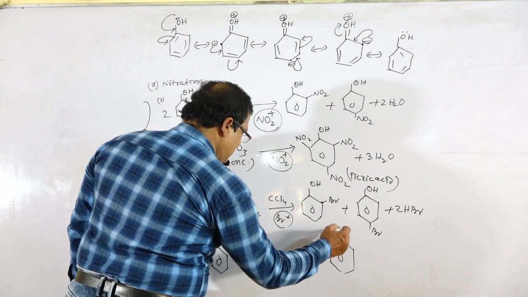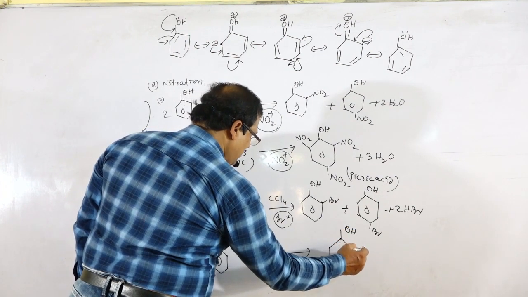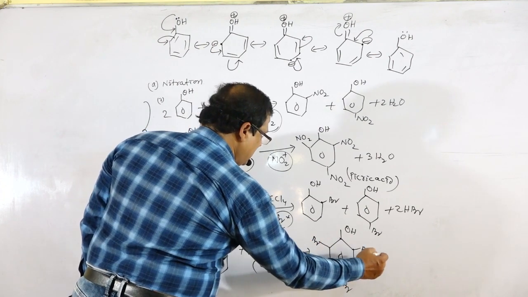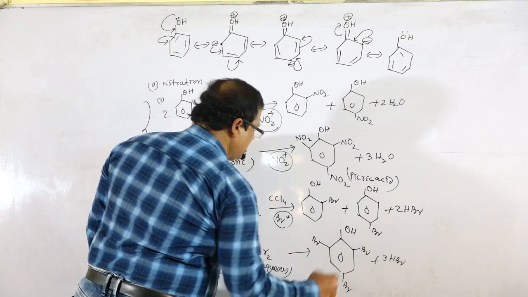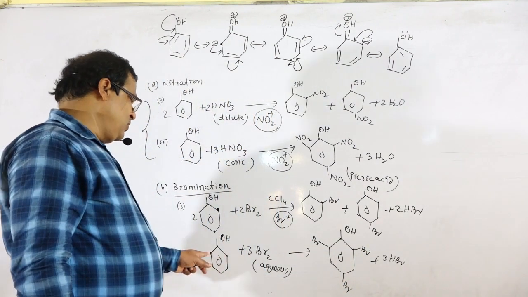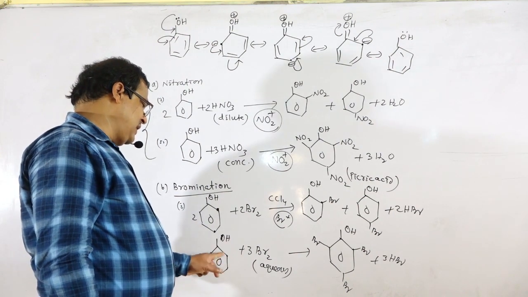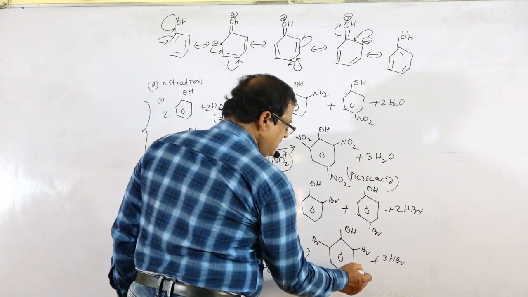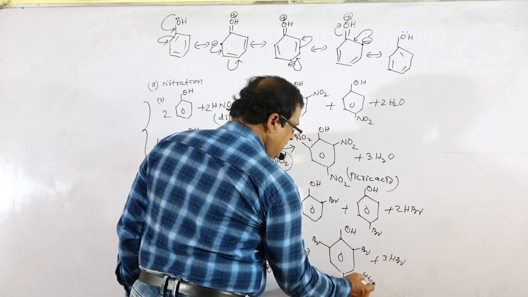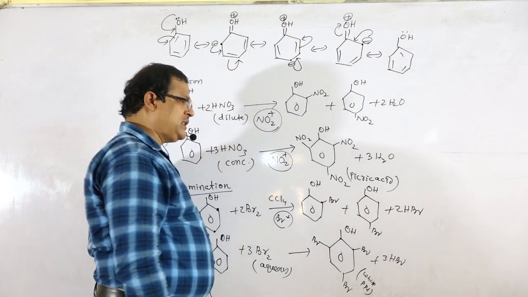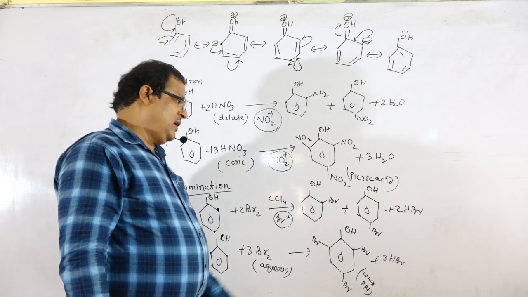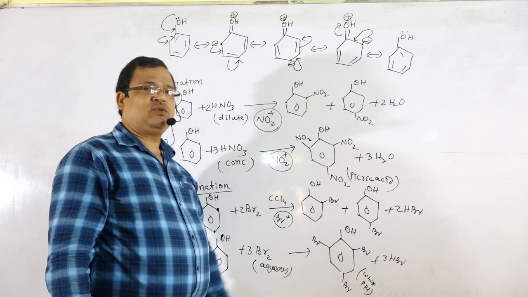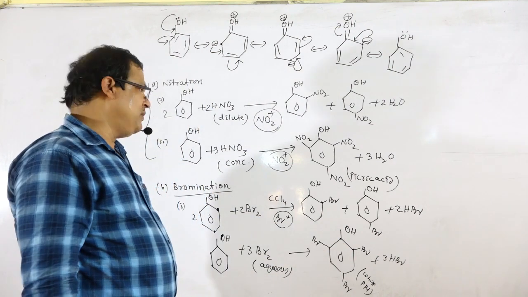The hydrogen atoms from the ortho and para positions get replaced by bromine, and there is the formation of a white precipitate. A white precipitate of 2,4,6-tribromophenol will be found.